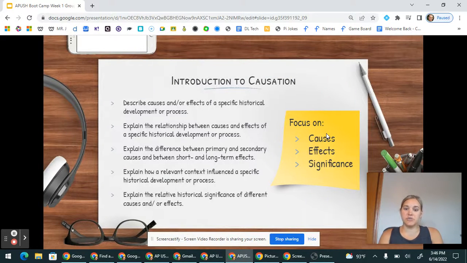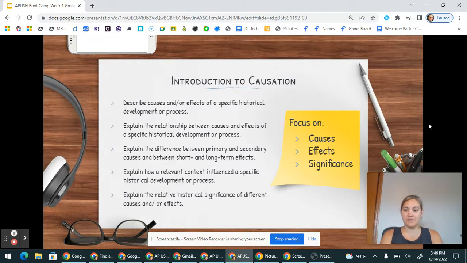After our discussion, we're going to do a brief discussion of the reasoning process called causation. So in the curriculum, there are 3 reasoning processes that the College Board focuses on: causation, comparison, and continuity and change. So you can pause and read through those bullet points there, but basically what you want to be able to do is to define causes and effects, to be able to link them.